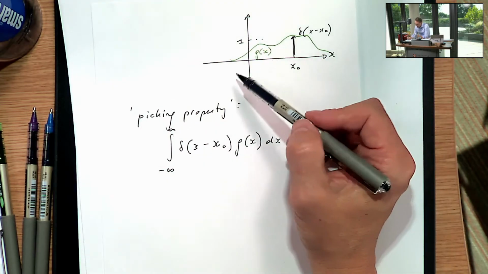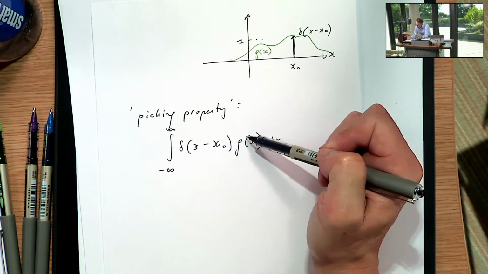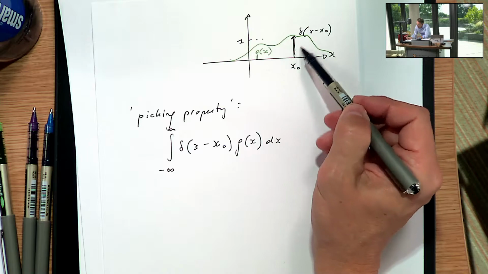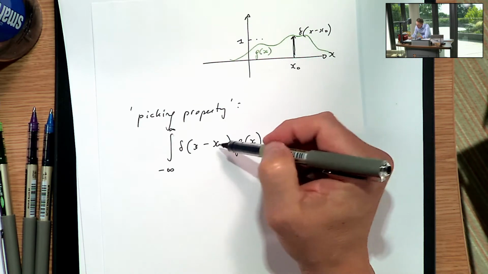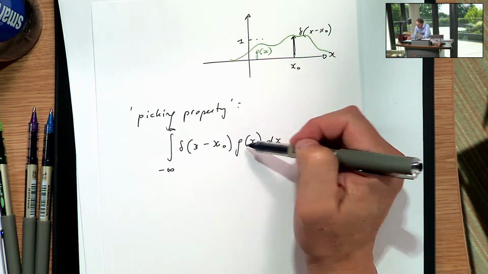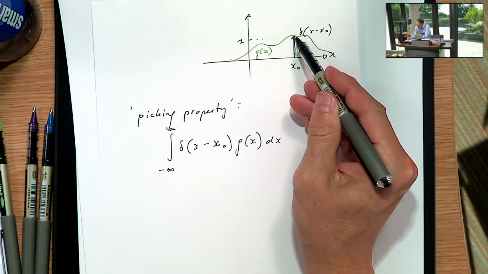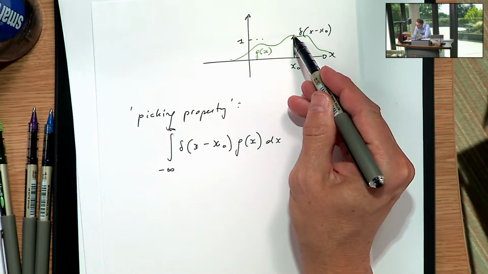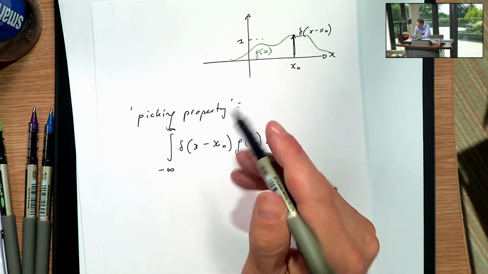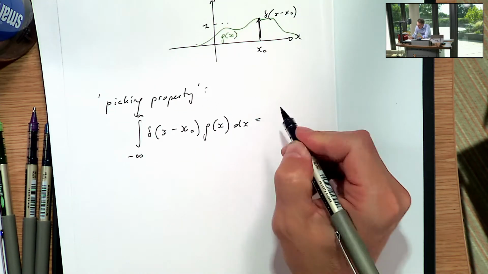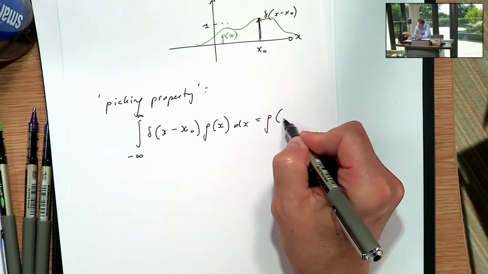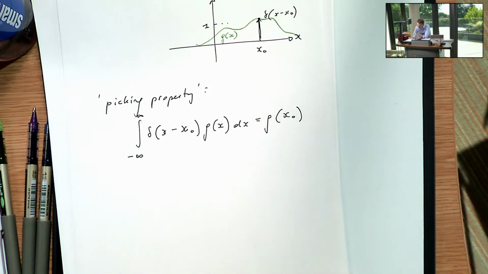Now what happens? Of course this product will be 0 anywhere outside of x naught, but when you hit x naught, then of course the integral will be 1 times whatever the value is at that point. And so what you end up with is just the value of the function at x naught. Okay?